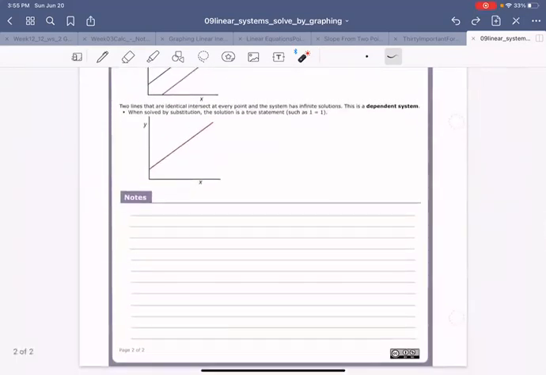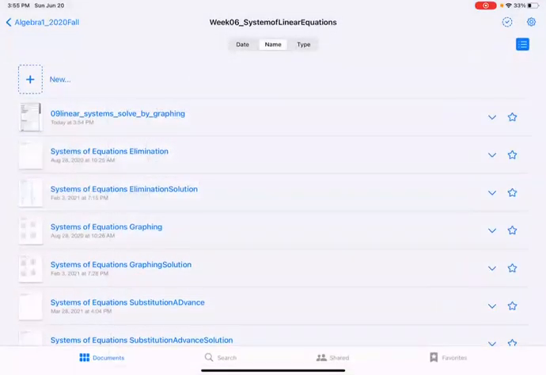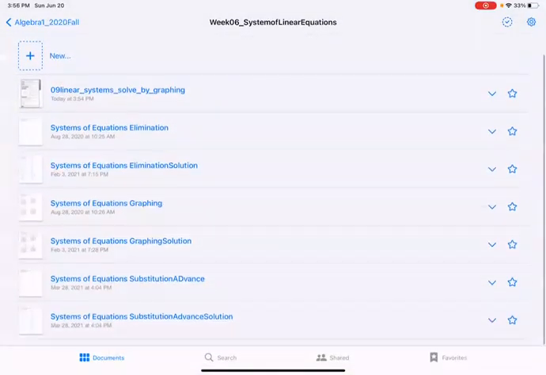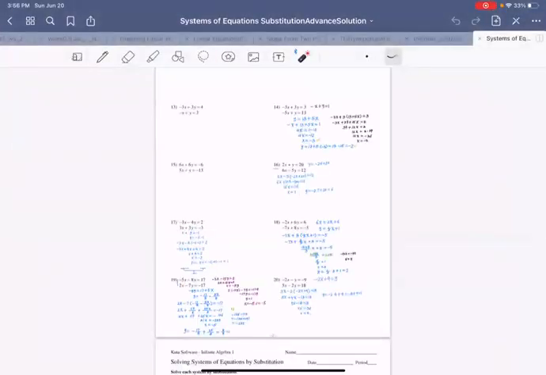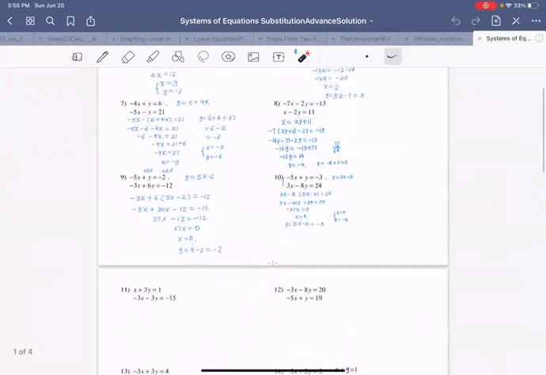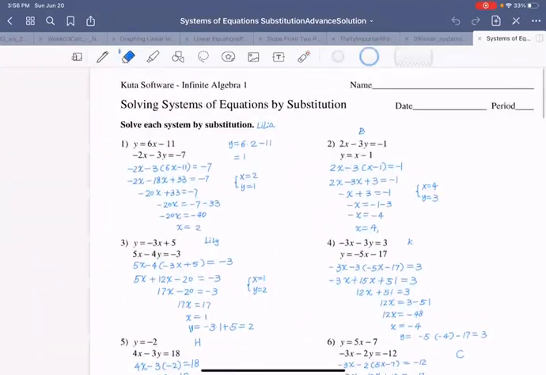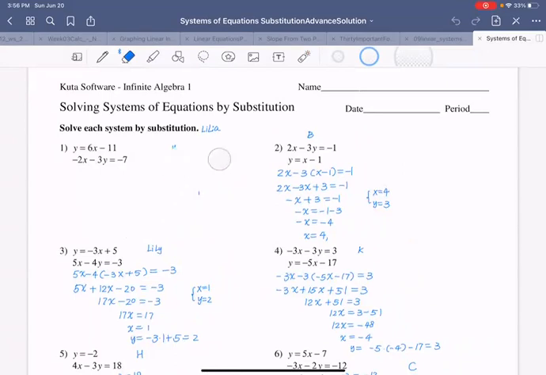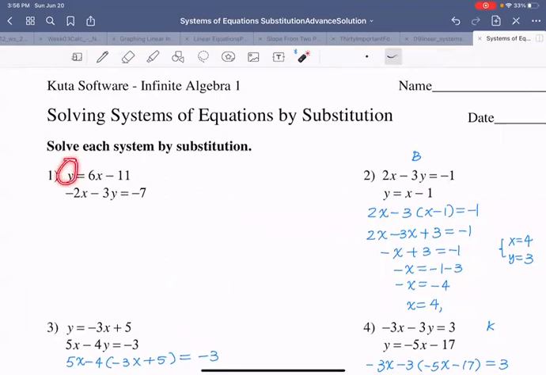Now, with these notes, we can go ahead and do some questions. Let's go to this one. Can you please plug this into here? It would be negative 2x minus 3 times (6x minus 11) equals negative 7.